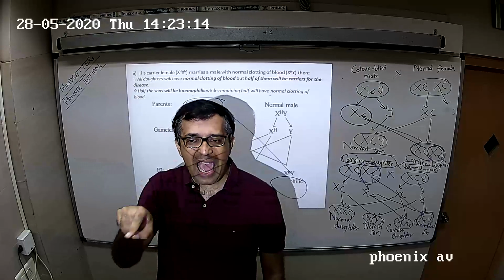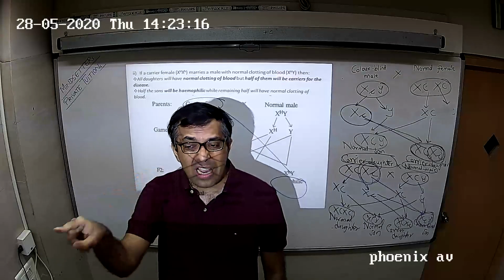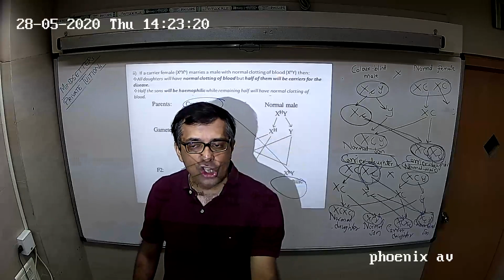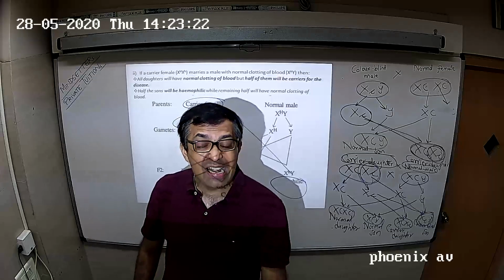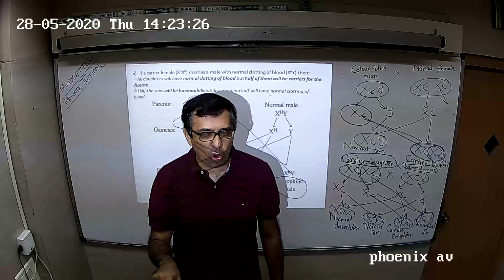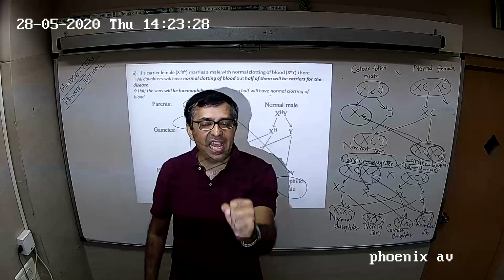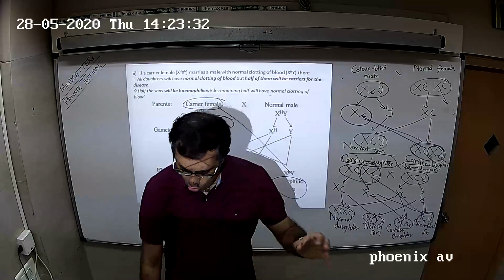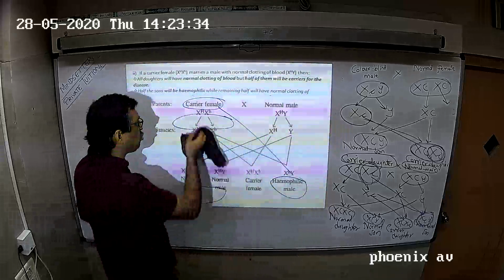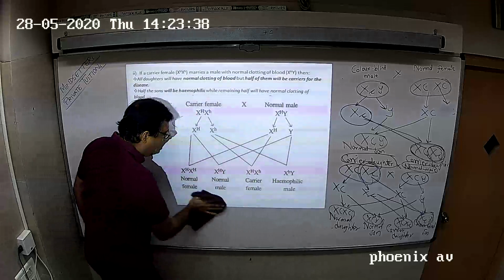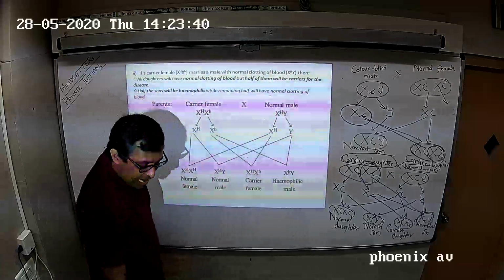Golden words: X-linked genes show criss-cross inheritance, Y-linked genes show straight line inheritance. Beautiful concept which we have understood here, and that is the way X-linked and Y-linked genes will express themselves.